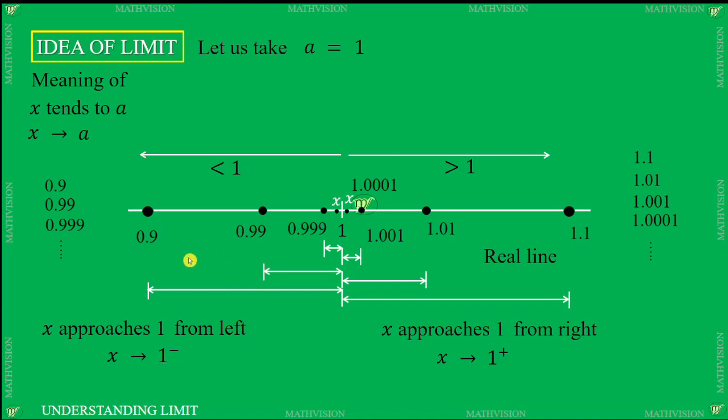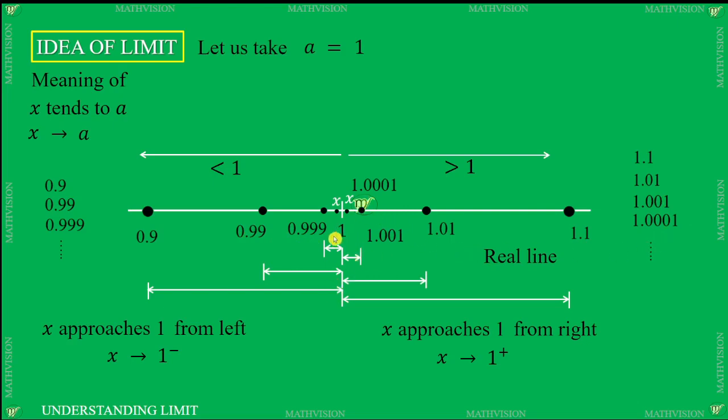So what we see here is that we can make x closer to 1 either from the left hand side or from the right hand side, either by joining more zeros after the decimal point or by adjoining more 9s after the decimal point. But by joining any number of 9s or any number of zeros, x is never equal to 1.